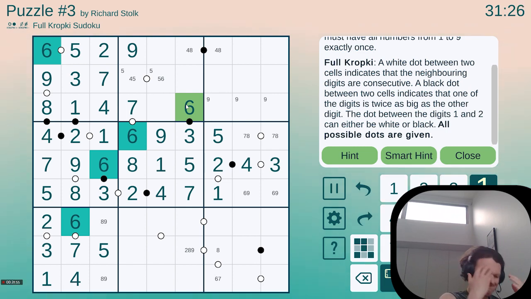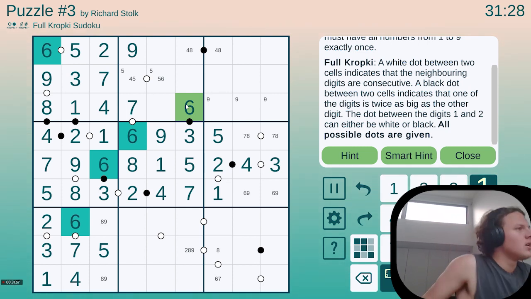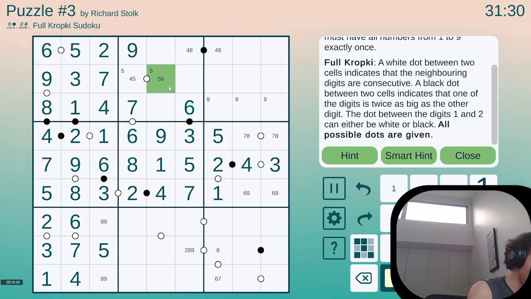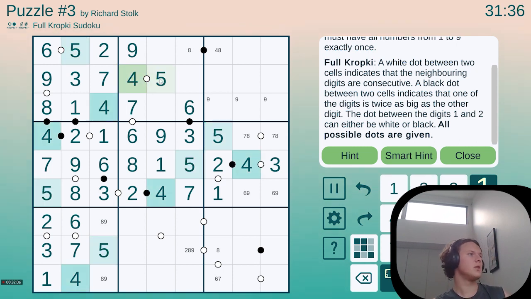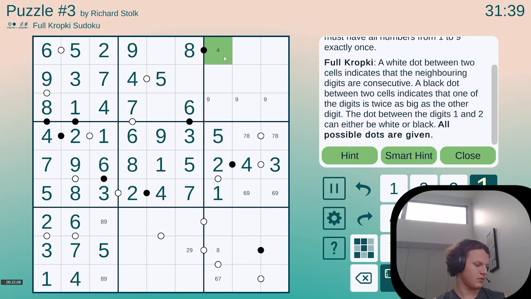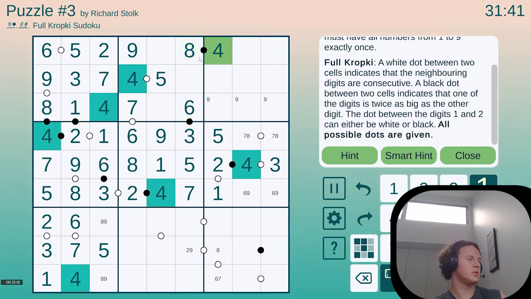It can't be a 6, Ollie. Oh my god, I'm not switched on. So this has to be a 4, 5. That 4 obviously makes that one up at 8 that we marked up at 4.